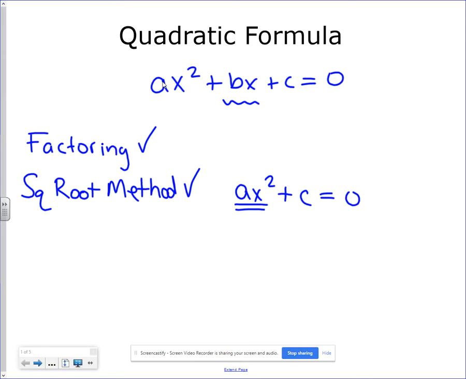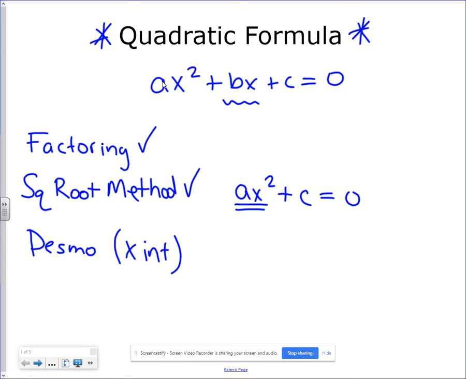And then the third method that we used was using Desmos by graphing it and finding the x-intercepts. But you might not always have Desmos available to you. So there's a fourth way. In the fourth way, this method always works. The quadratic formula will always work.